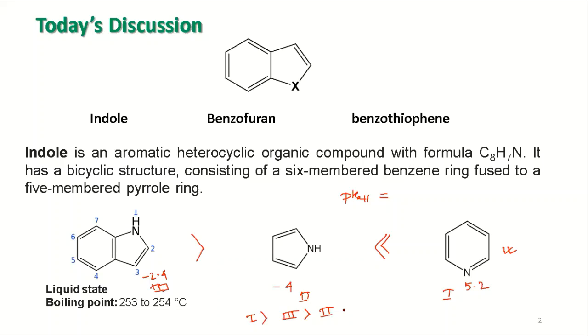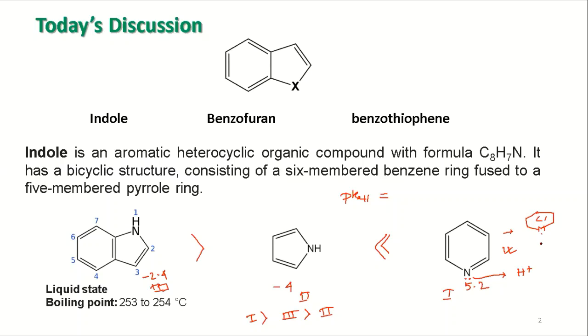Now a quick reasoning you can put as: the basicity is based on how it is donating its lone pair. The lone pair of pyridine can be donated to H plus, though it is poorly basic, not as basic as its saturated form. After doing that, you have the structure like this, right?